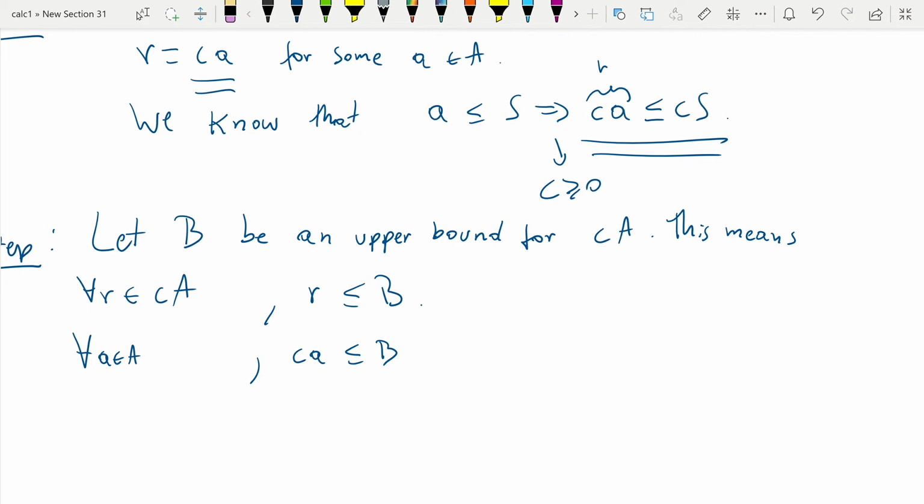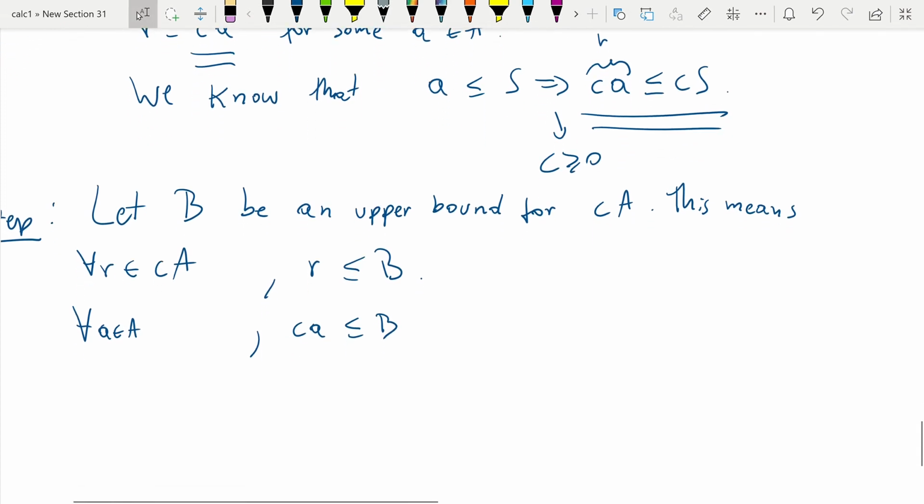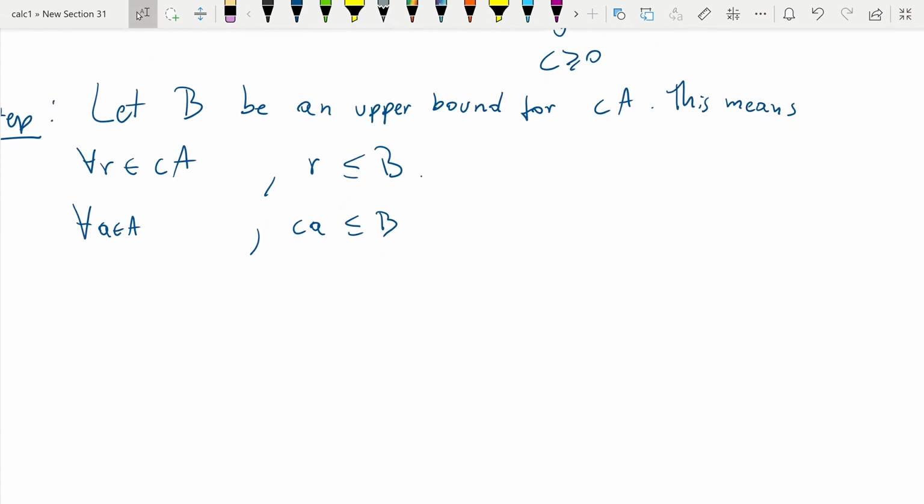Right, so here there are two possibilities. One is that C is the number 0. And if C is the number 0, then B must be greater than or equal to 0, in which case B, of course, is greater than or equal to C times S, which is 0 because C is equal to 0.